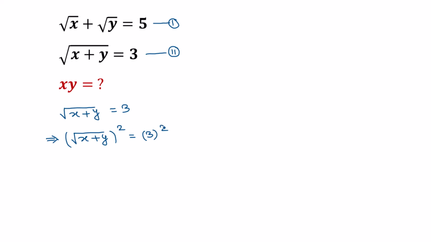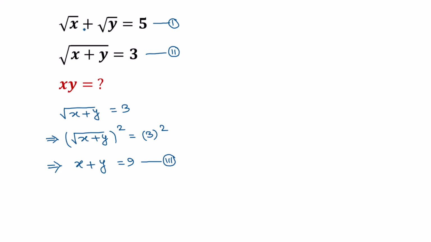We have taken this square to both sides, and this square root and this square will cancel out and it will be x plus y. So x plus y is equal to 3 square. This is 9, and consider this as equation number 3.